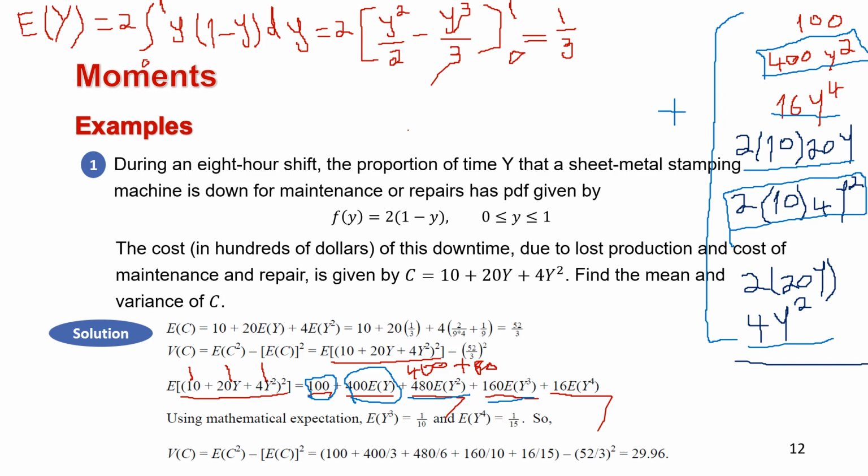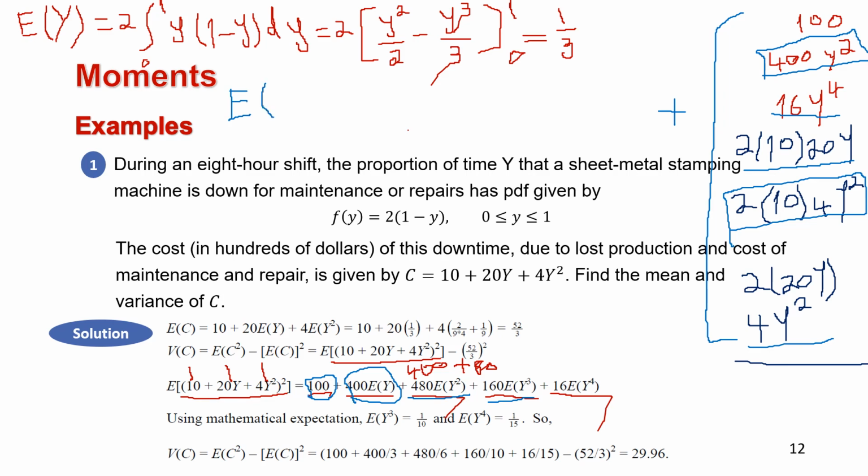And we try to find the expected value of all these terms. We have the expected value of y, so let's substitute with 1 over 3, and the expected value of y square. Similarly, we can find the expected value of y cubed and y to the power 4 using the integration.